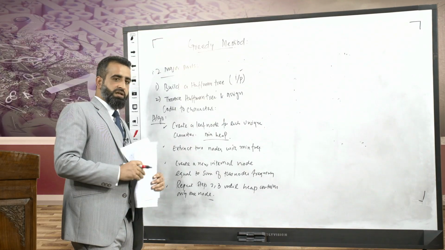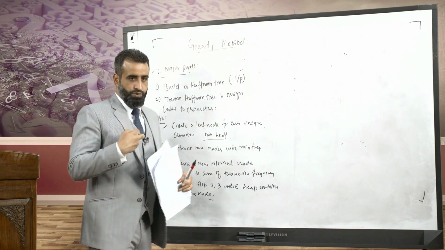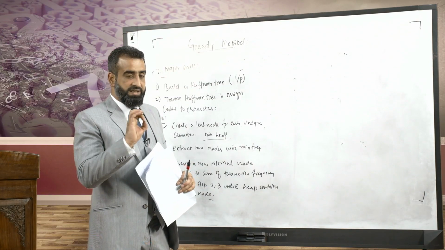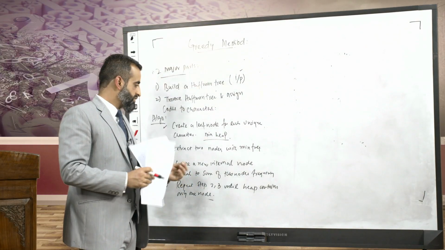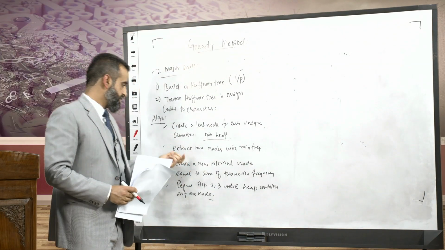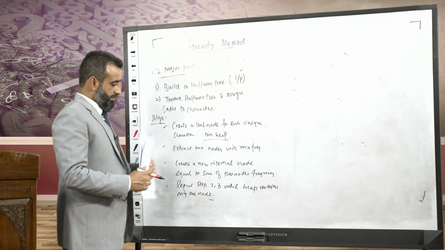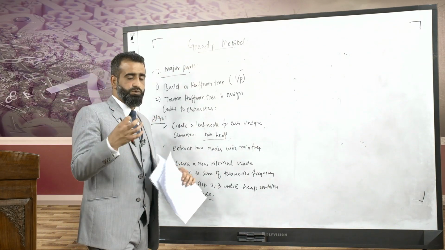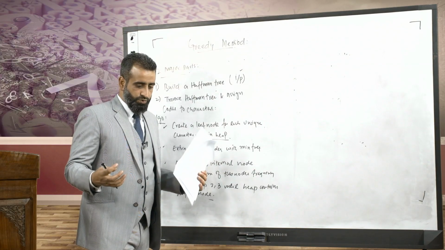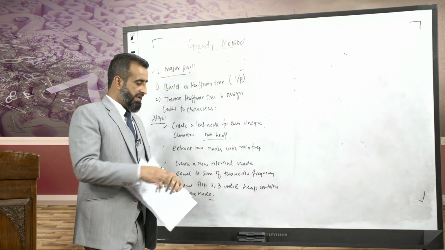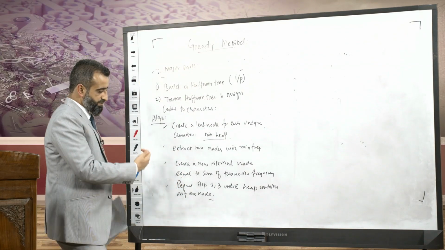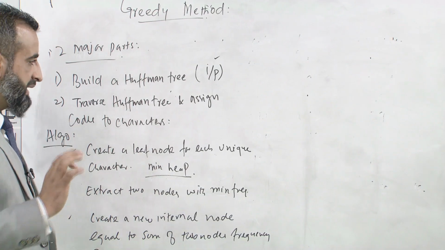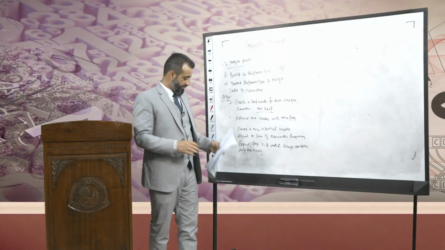Out of this heap, I'll be extracting two nodes, and the criterion for extraction is the minimum possible frequency. The two nodes with the least frequencies are the two that I'll extract. Based on these, I'll create a new node whose frequency will be the sum of those two. I'll repeat step 2 and step 3 till I'm left with a single node in my heap, and that last node will be the root node.